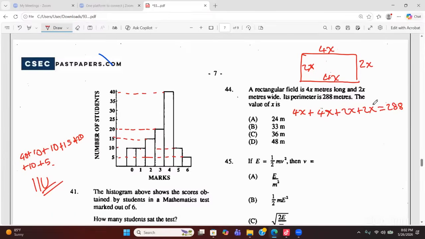I'm working based on what they said. They just told you that the perimeter is 288. So you add up these: 4, 4, 8, 10, 12. So this is 12x, which is equal to 288.